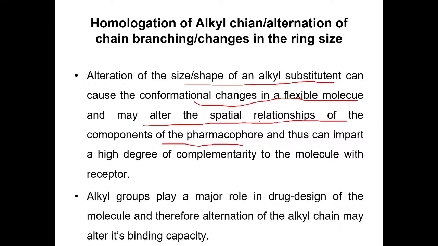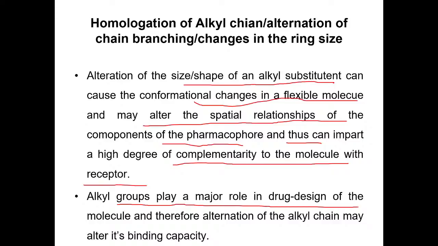So it can alter the spatial relationship of the components of the pharmacophore, and it can impart a high degree of complementarity between the molecule and the receptor. It can increase or decrease the activity. Alkyl groups play a major role in drug design, and therefore alteration of the alkyl chain can alter its binding properties.